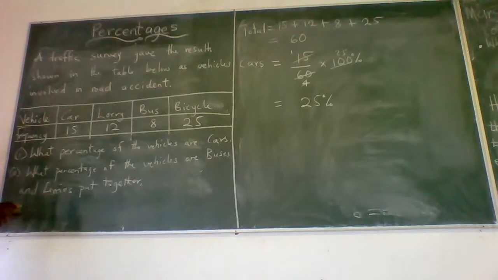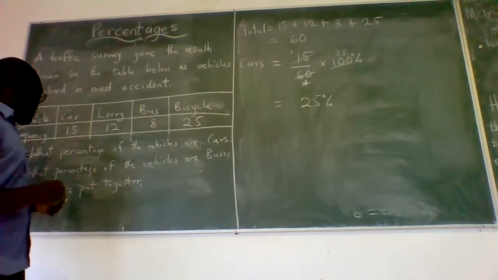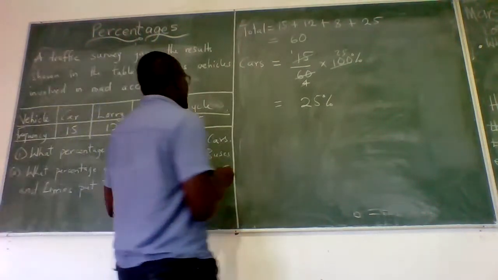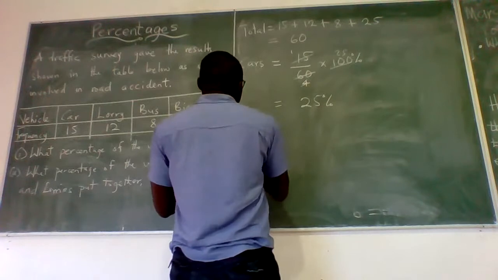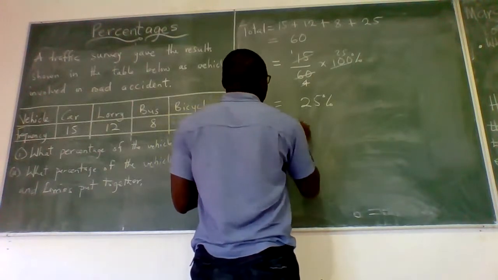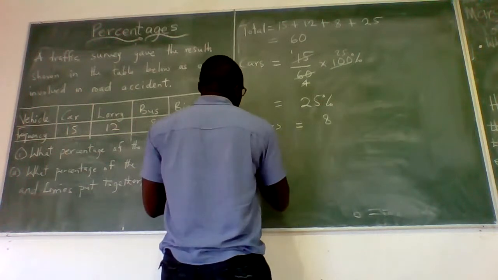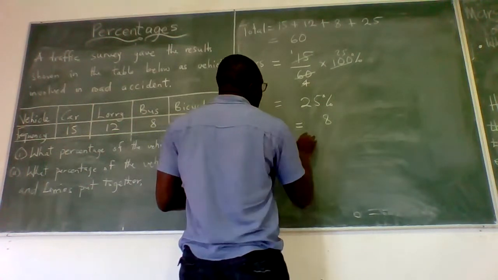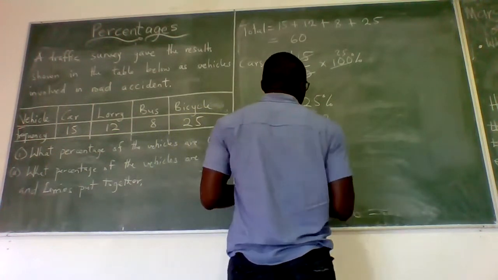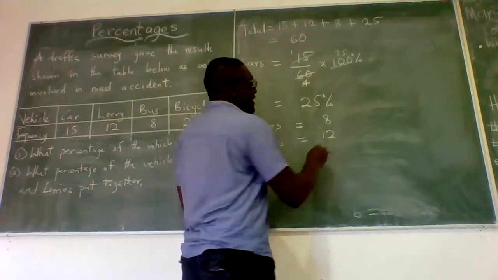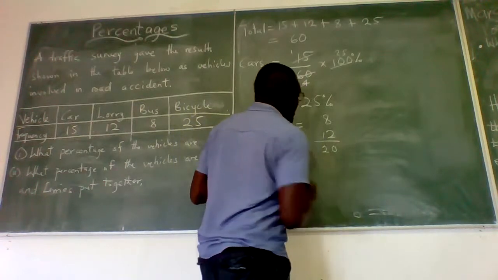Now the second part says what percentage of the vehicles are buses and lorries put together. So we know that for buses, the total number is 8, and then for lorries, the total number is 12. So when I put these two together, I am getting a total of 20.